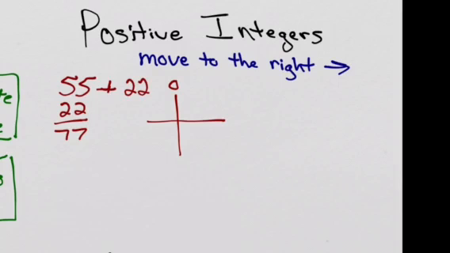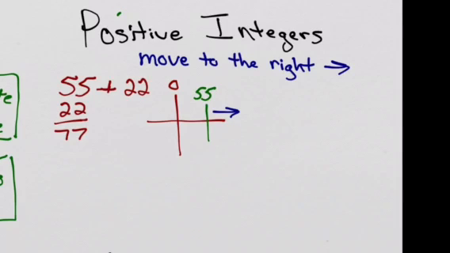Whenever we use the number line to help us, we always start off with the greater absolute value of the two numbers, which in this case is 55. Now we have 55 here. So we know there is a positive 22. So that means it is going to be moving to the right on the number line.